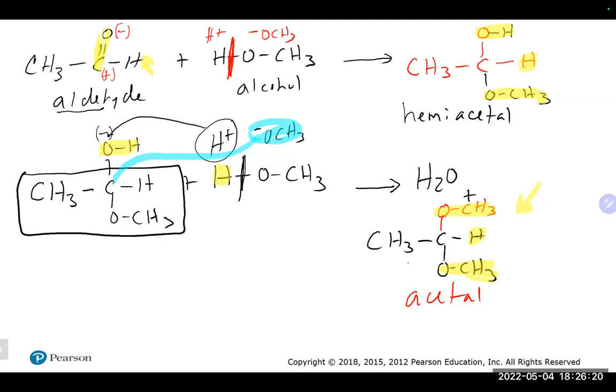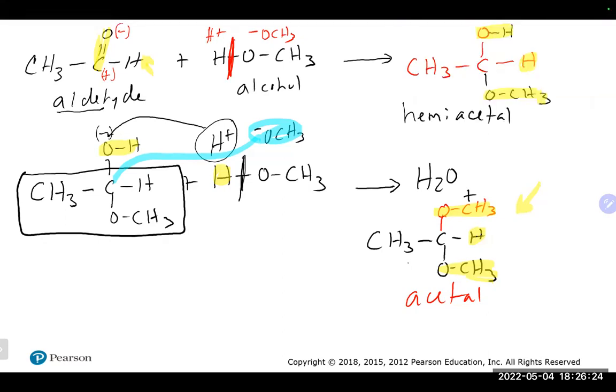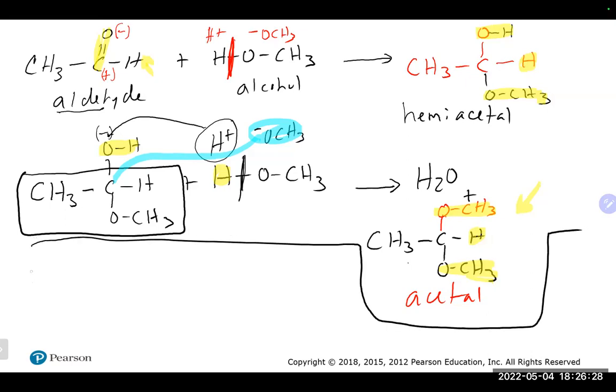So if you had, for example, this reaction, and it was like, okay, you're taking this aldehyde and you're adding two of these alcohols to it, and you just want to jump to the end.